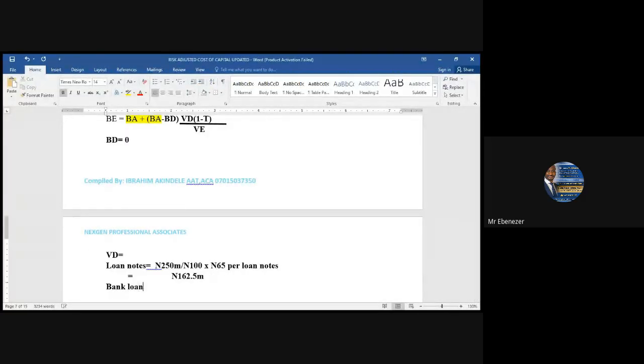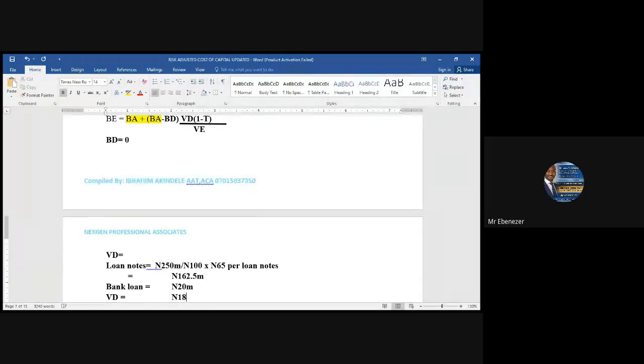If you have any other loan for the main company, add the market value together. The book value of a bank loan is the market value of that bank loan. So what is the book value? 20, right? So what is the total value of debt?